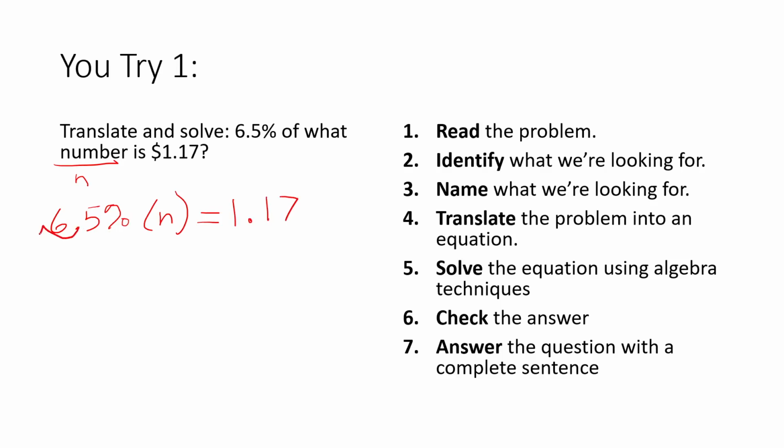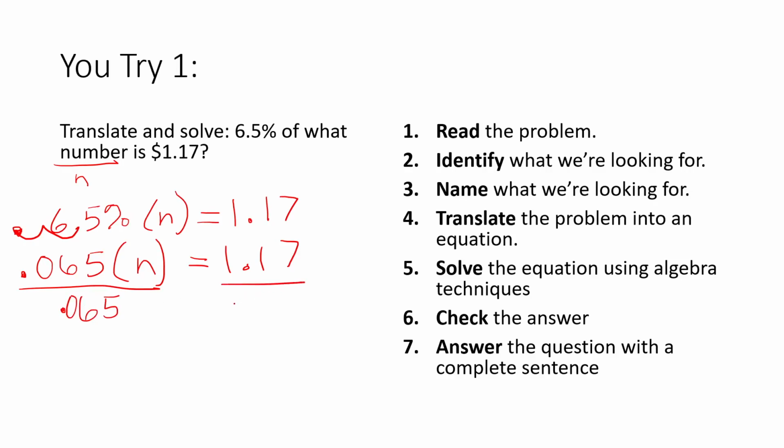Okay, I'm going to convert my percent to a decimal. So that'll be 0.065 times n is equal to 1.17. If I divide both sides by 0.065, because I'm going to divide by whatever's attached to my n, I'll be left with n is equal to 18.